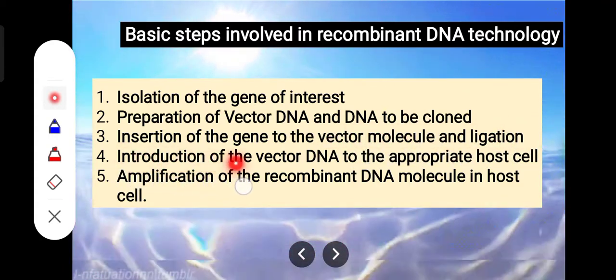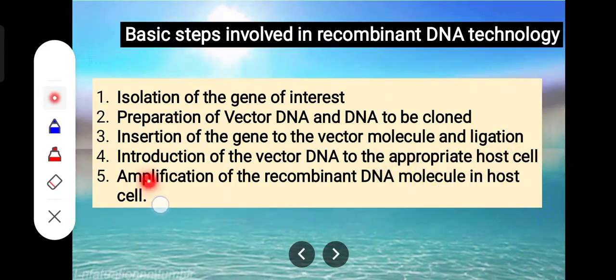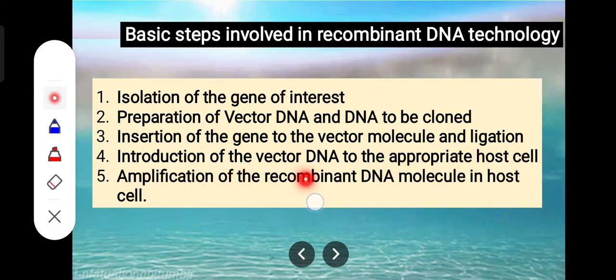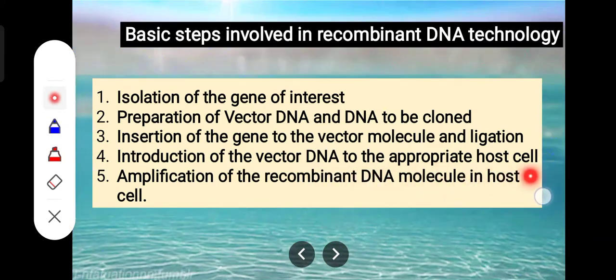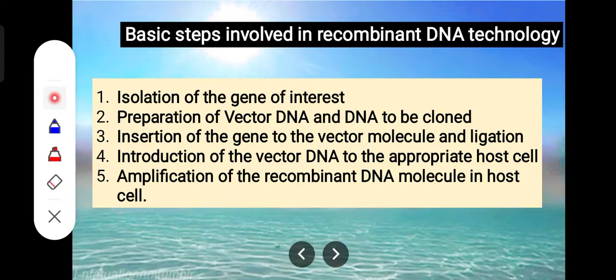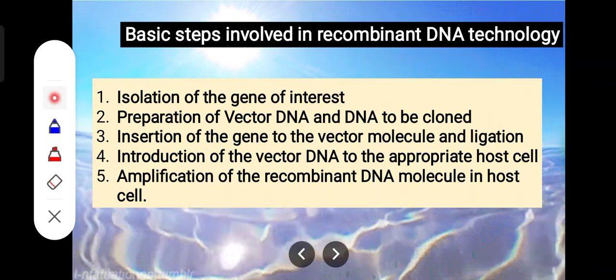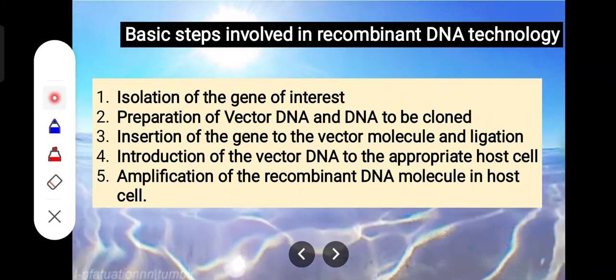Then introduction of the vector DNA to the appropriate host cell. Next is amplification of the recombinant DNA molecule in the host cell. Okay, so that one is recombinant DNA technology.